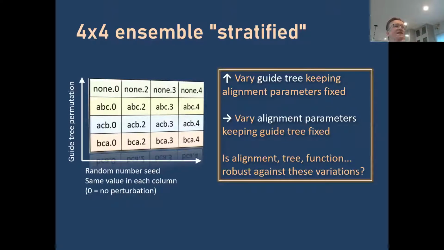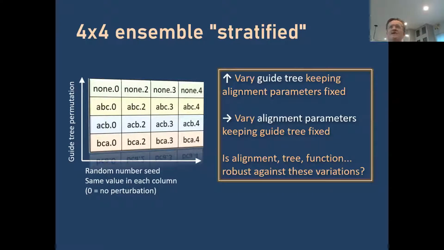So what kinds of ensembles can you make? This is one that I like to use for doing visual review. It's a 4x4 matrix. On one axis, you keep the guide tree fixed. And on the other axis, you keep the HMM parameters fixed.